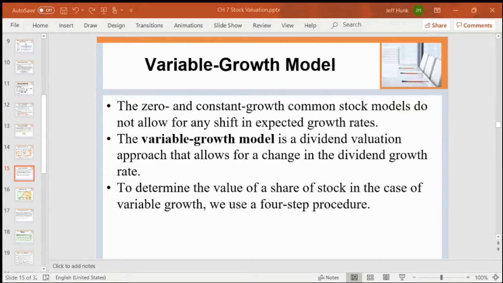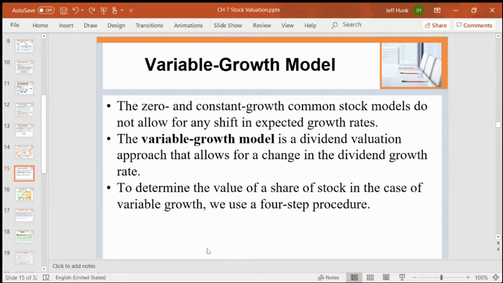Hello, welcome back to the continuing lecture in stock valuation. In our last lecture, we discussed the Gordon growth model, which is also called the constant growth model or constant dividend growth model. We are moving on to the variable growth model today.